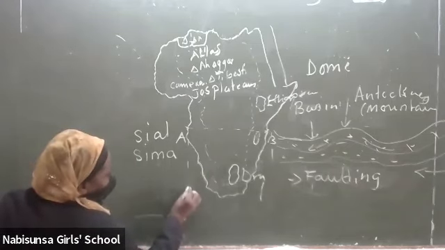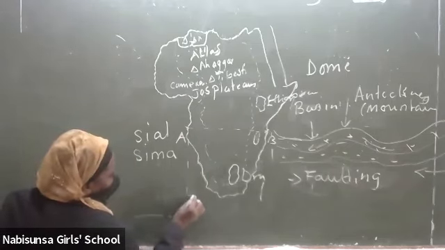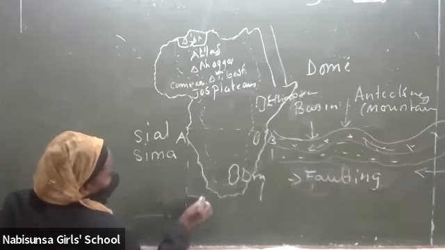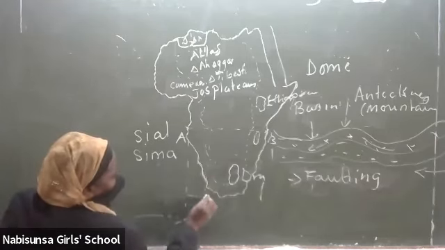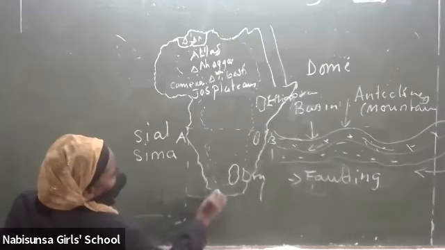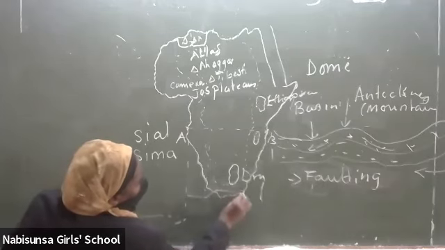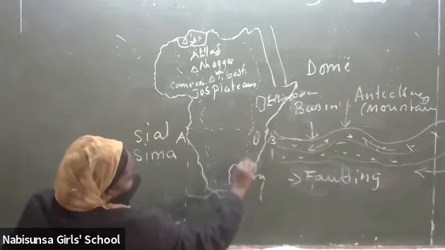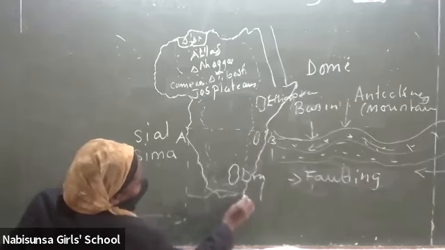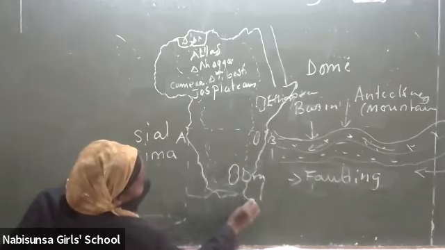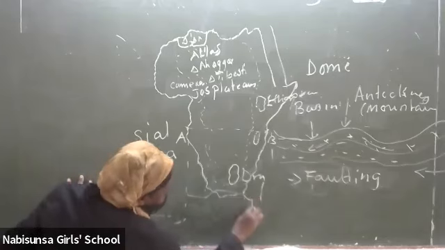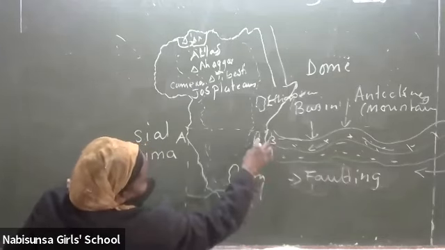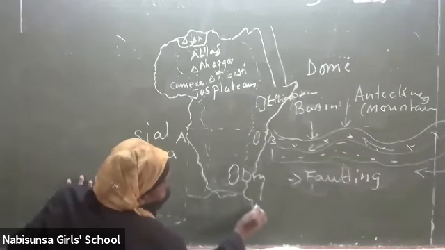So you will find that at this point, you are at a lower altitude. As one reaches this point, it will rise, and then it will continue. As somebody reaches here, it will fall, and then it becomes a bit flat, and then it will fall further because this one is very low, a lowland area.